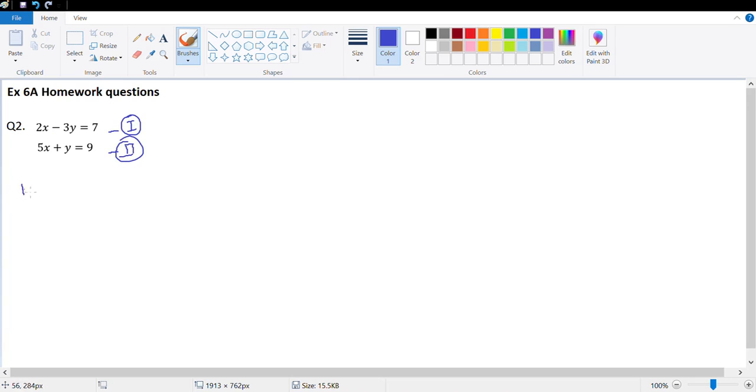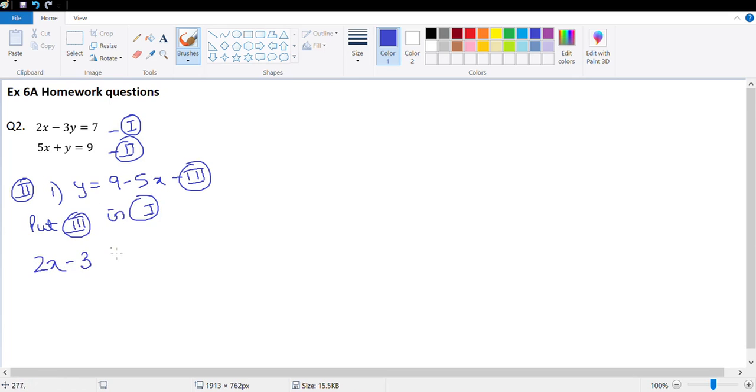So my second equation gives me y is equal to 9 minus 5x. Let's call this equation 3. So put equation 3 in equation 1 and let's see what we get. So we get 2x minus 3 times, instead of y I am putting 9 minus 5x, is equal to 7.